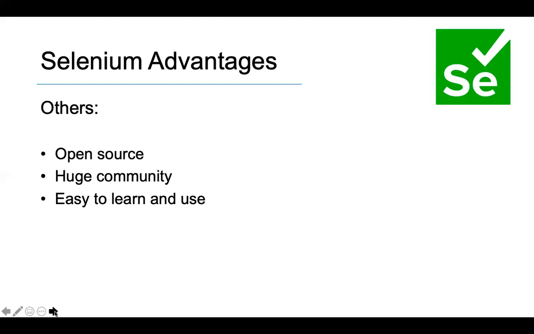You don't need knowledge of complex algorithms or complex logic. You just need to know the basics of any programming language that Selenium supports, and then you can start using Selenium. These are the advantages of Selenium.